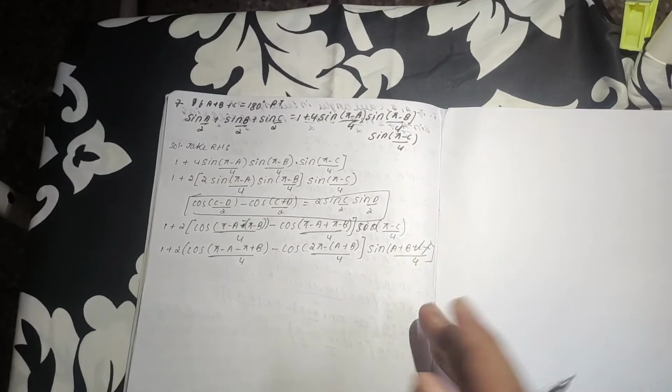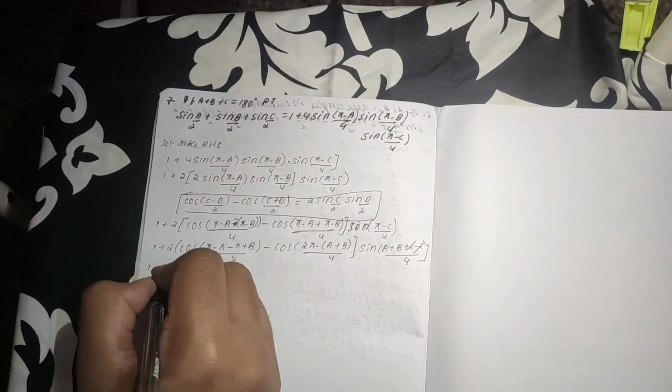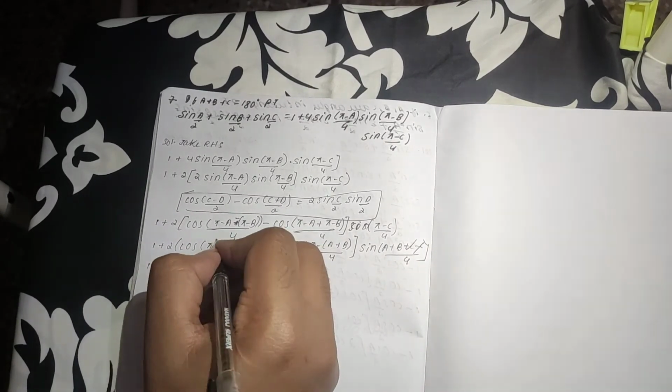C and minus C get cancelled. So 1 plus 2 cos, pi and minus pi get cancelled.